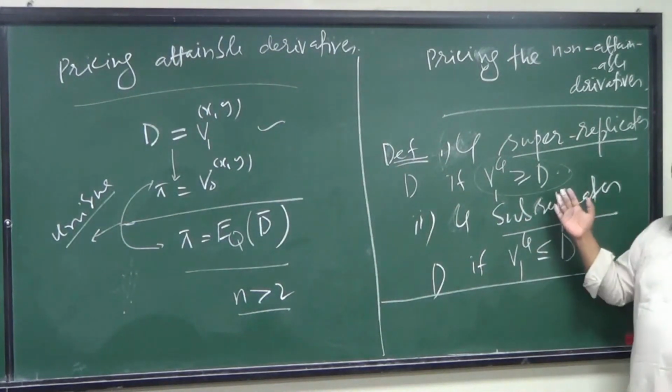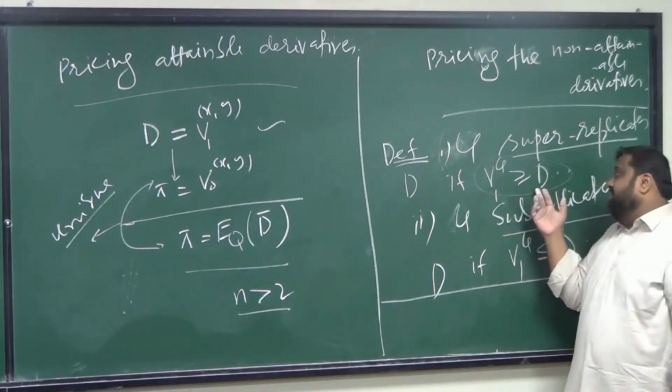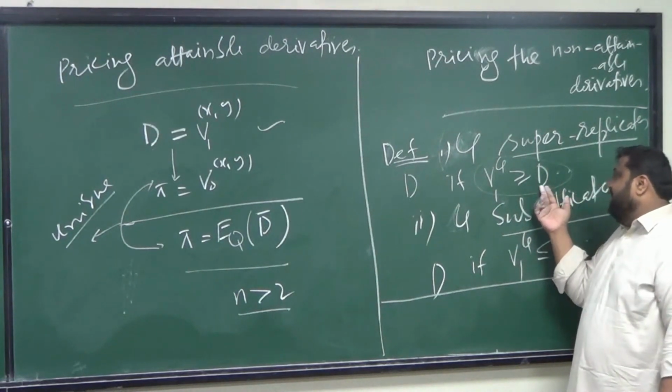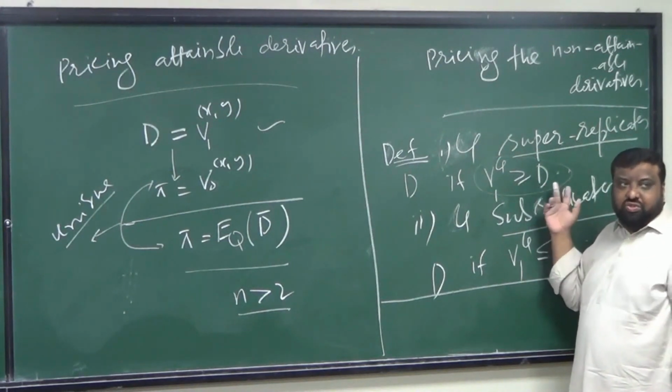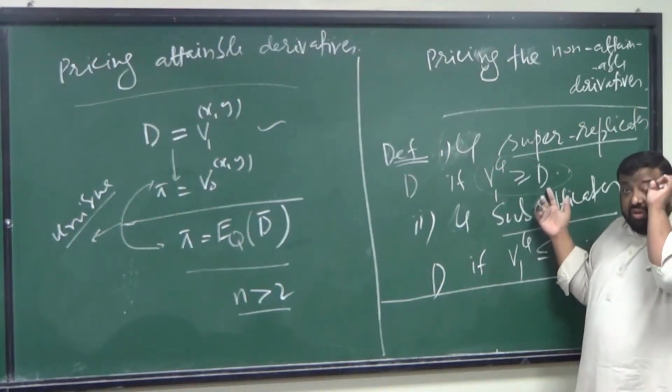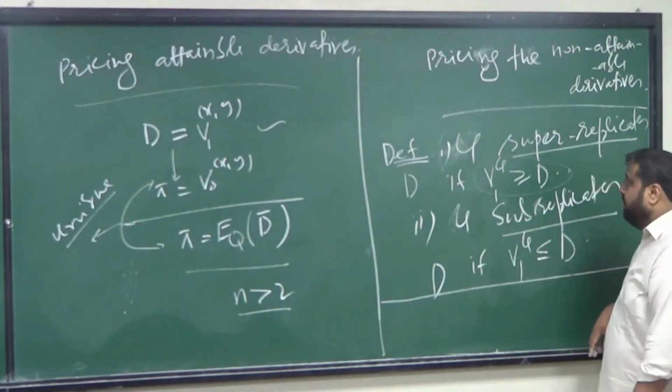So we are saying precisely the same. You sold a derivative which you can't price uniquely, and then it's better to create a portfolio.